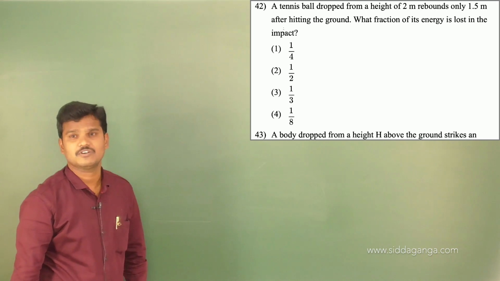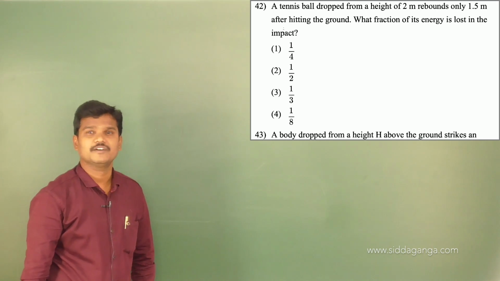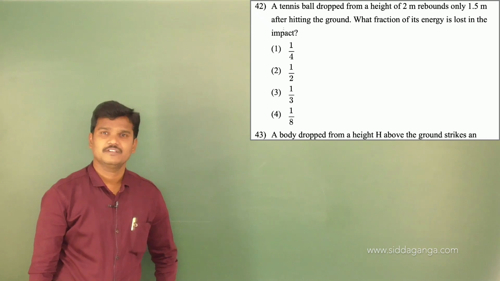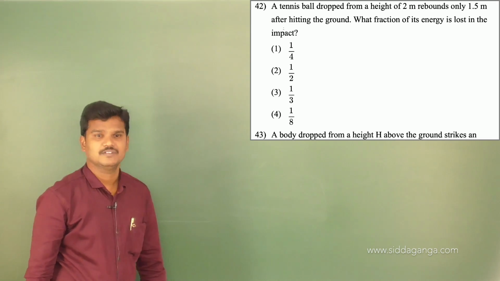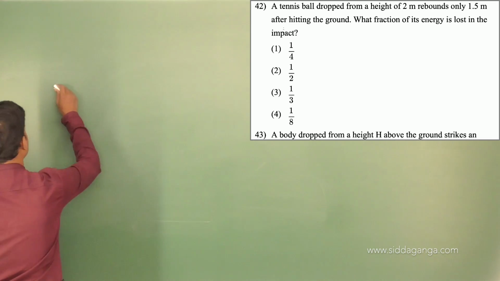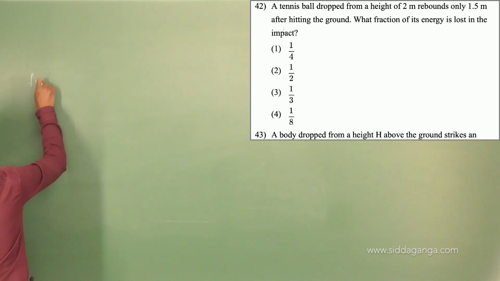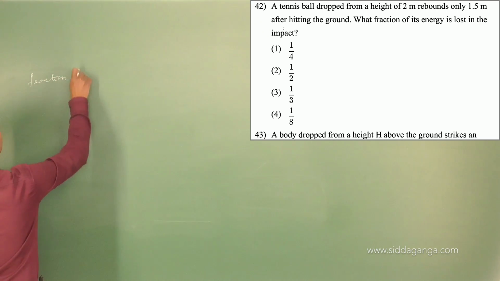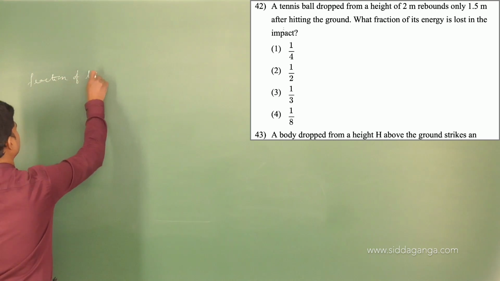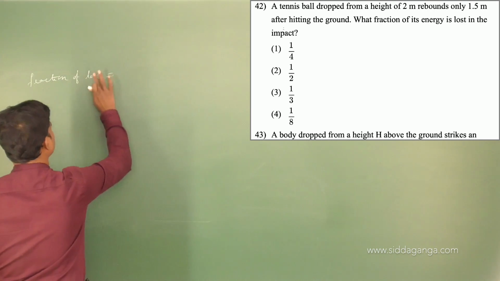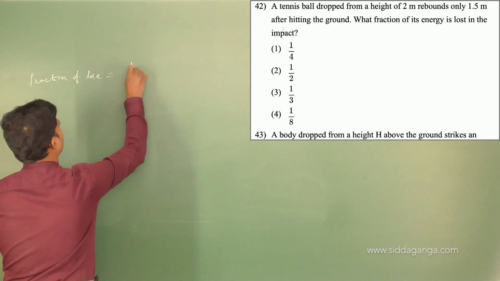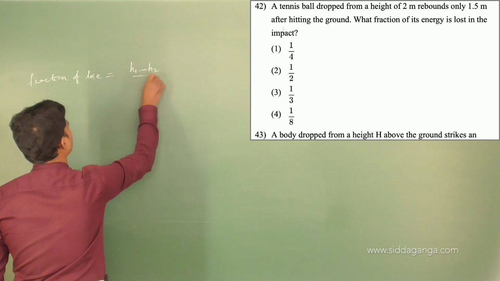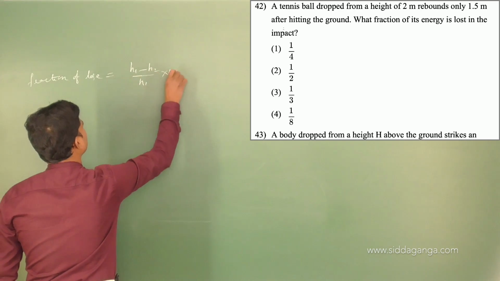We know the fraction of loss of energy. Formula: h2 minus h1 by h1 into 100. So just take the magnitude, the fraction of loss. Fraction of loss is h1 minus h2 by h1 into 100%.